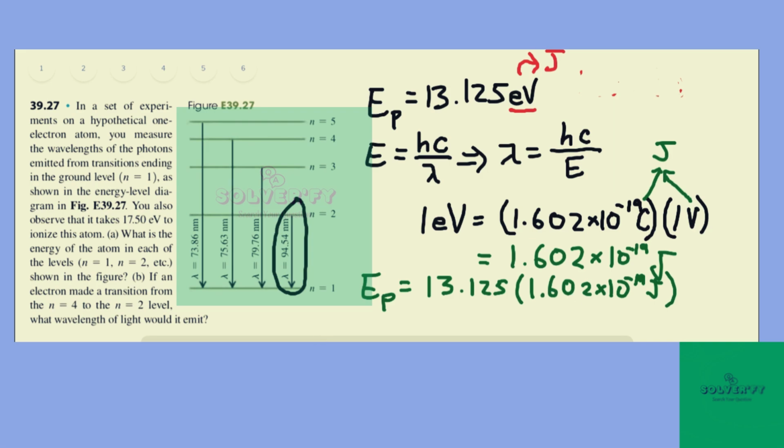And we can just type that into a calculator: 13.125 times 1.602 times 10 to the negative 19 is equal to 2.103 times 10 to the negative 18 joules. And now we can plug this into the equation, since now we have this in joules, and get our answer.